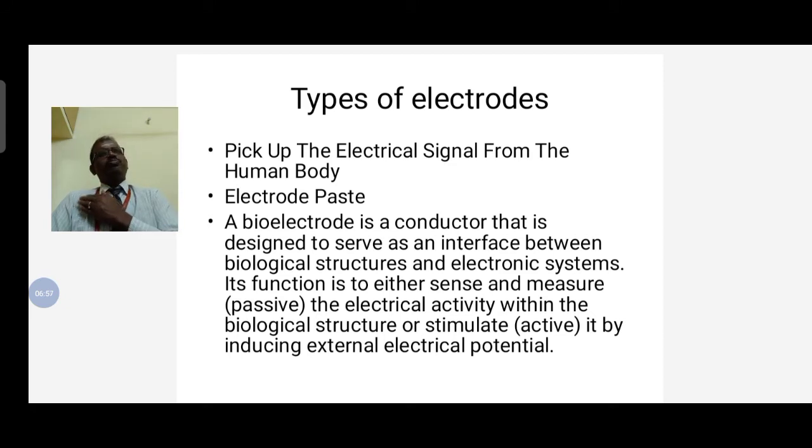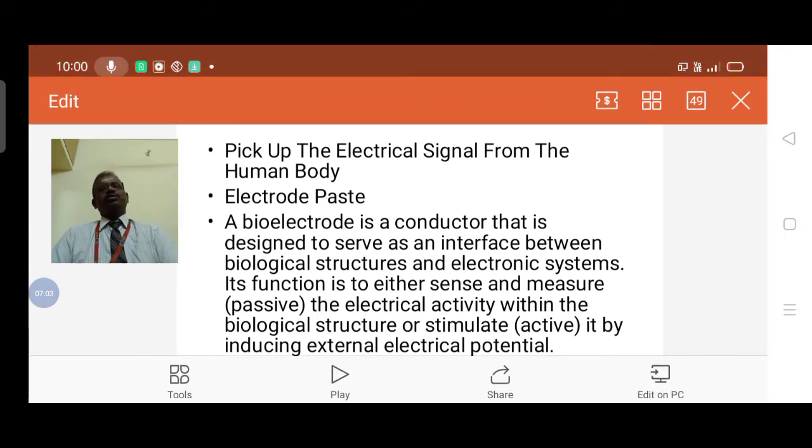This paste easily conducts with the skin, which is why it is used. It helps to easily pick up the signal from the human body. What is meant by electrode? It picks up the electrical signal from the human body. What is meant by electrode paste? It helps to easily pick up the electrical signal.